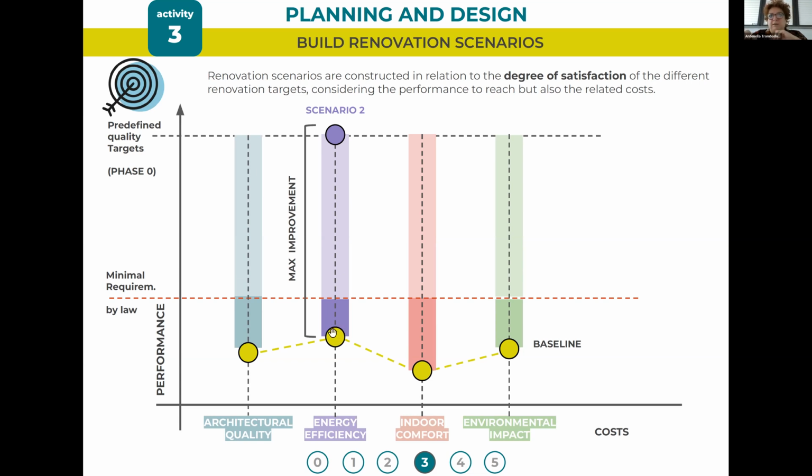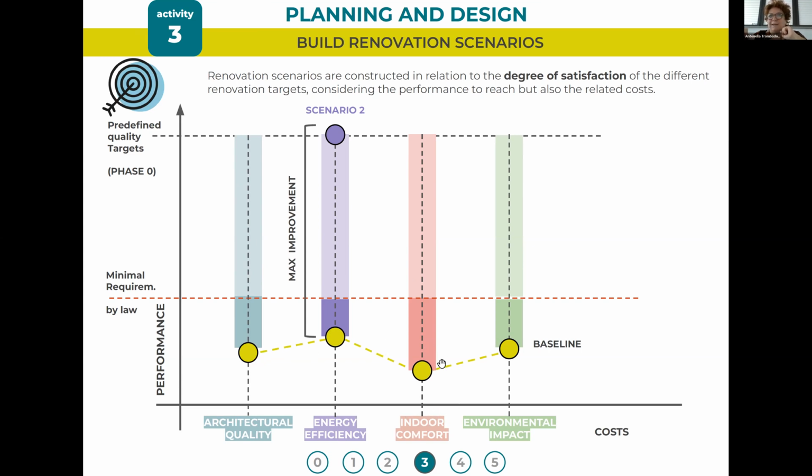But it doesn't guarantee that we have an improvement of architectural quality and of indoor comfort. If, for instance, we introduce 10 kilowatt of photovoltaic, generally, I don't know if we improve the architectural quality of the building or the indoor comfort.